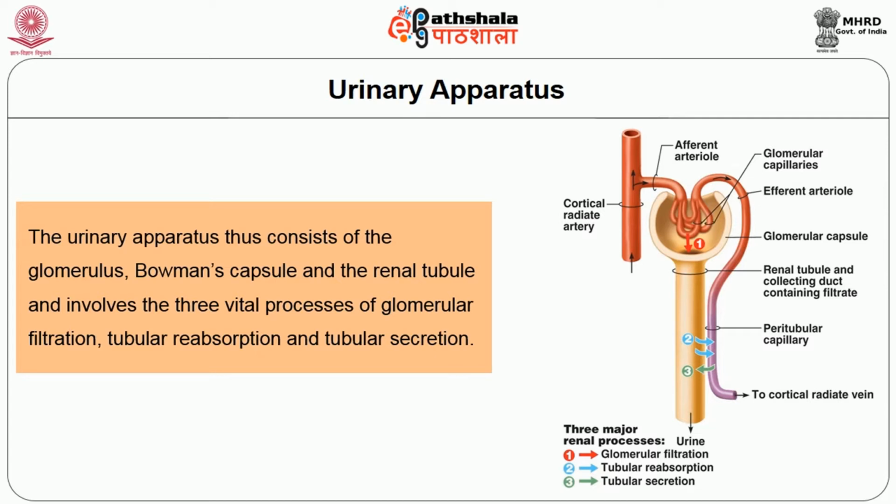This process is called tubular reabsorption. Finally, certain unwanted substances are secreted into the tubule from peritubular blood vessels. This is called tubular secretion or excretion. While filtration is the function of the glomerulus, reabsorption and secretion are the functions of the tubules of the nephron.